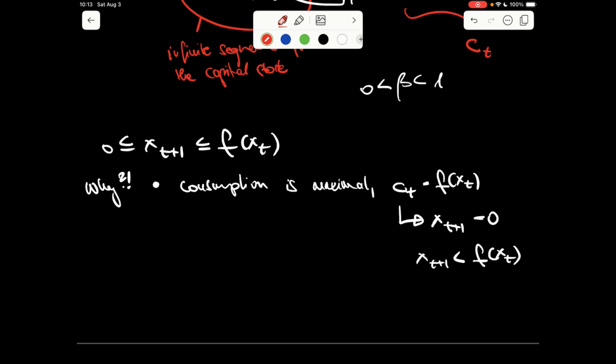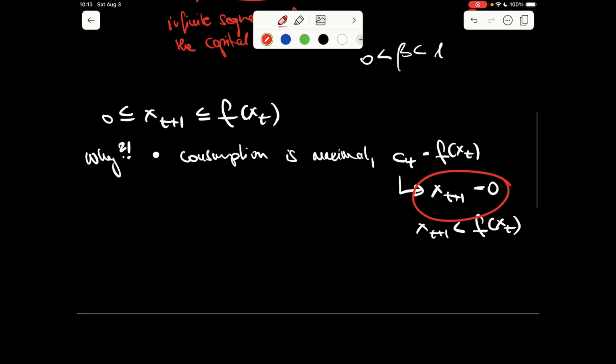Intuitively, we feel that this cannot be an optimum solution, because it would mean that the economy consumes all its resources in period t, leaving nothing for the next periods, because production takes capital stock.